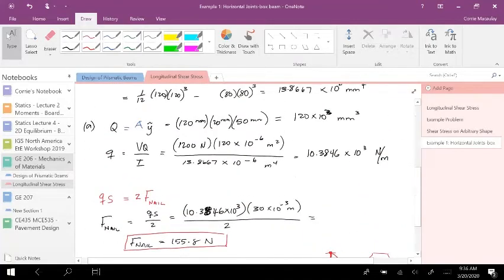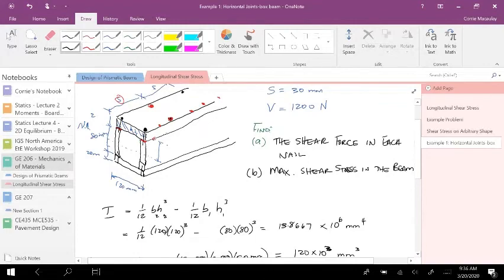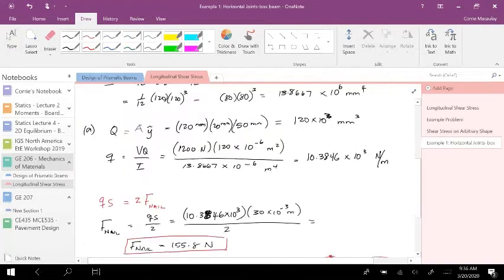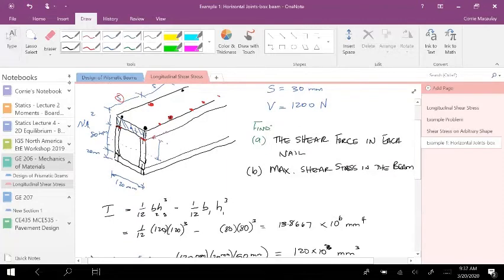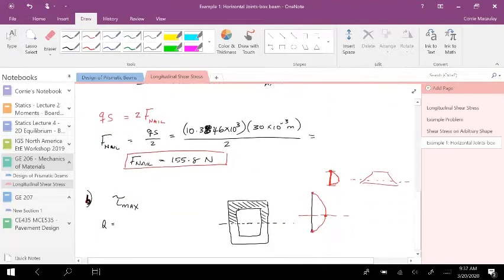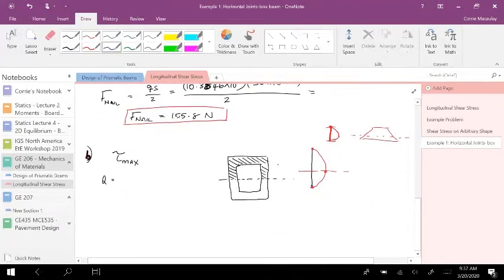Let's go back to the box beam. So we have 80 and 20. I don't know how I lose some of the writing, but that's 20. Just to help us here, this is 40, and that's 20. That's millimeters.